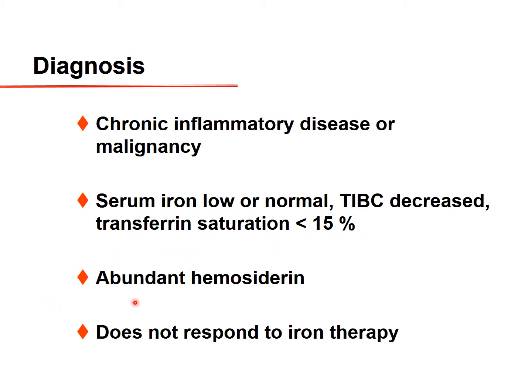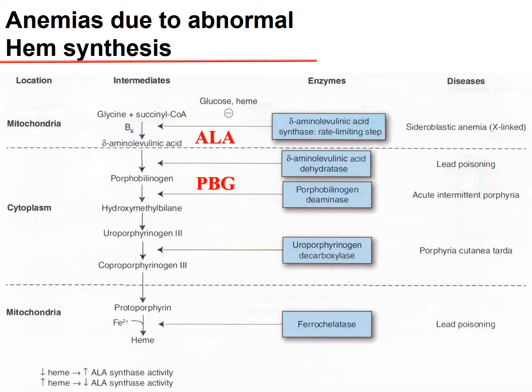And we do have a lot of iron in the stores. This is why the hemosiderin is increased. And when you give iron to the patient, this won't cause reticulocytosis immediately, so it is not going to stimulate red blood cell production, so it's not responding to the iron therapy.